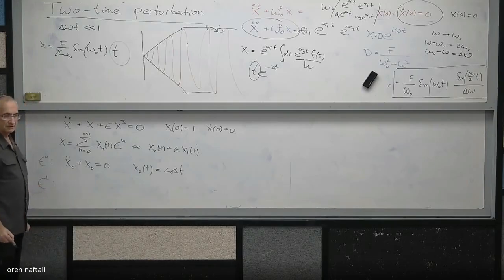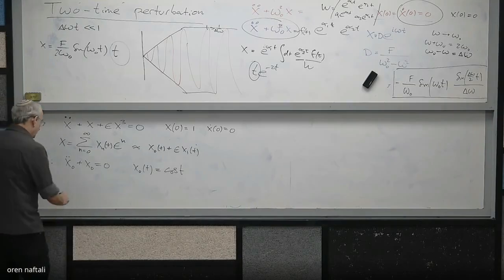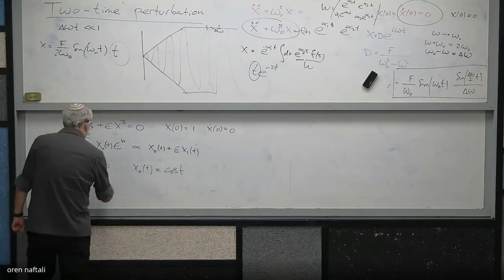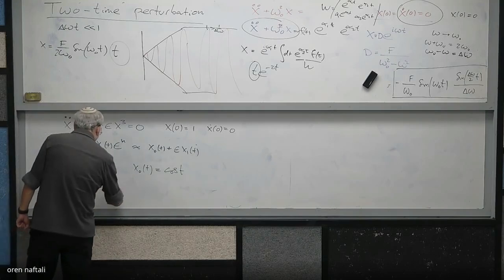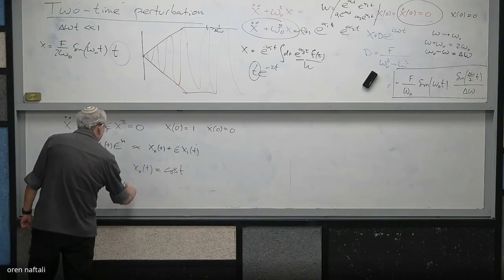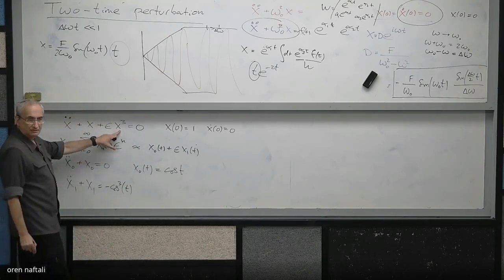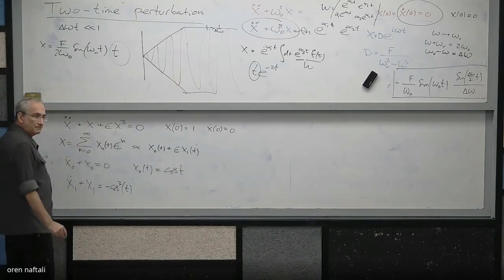We collect terms that are first order in epsilon. What are these terms? x1 double dot plus x1 equals minus cosine cubed of t, because this is x naught cubed. Okay?